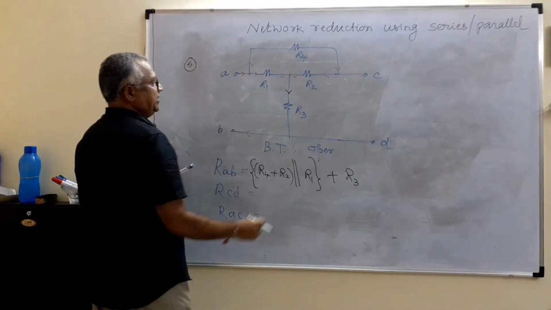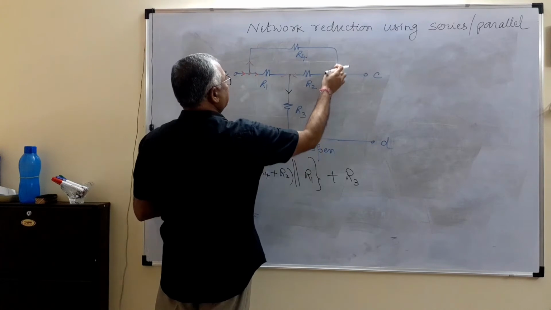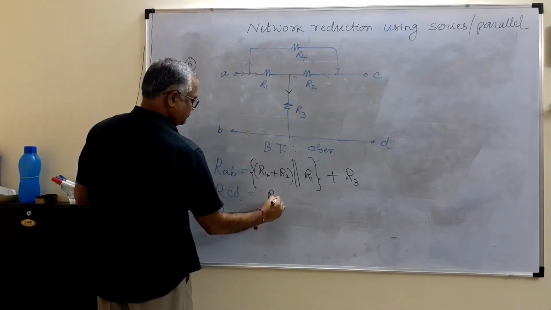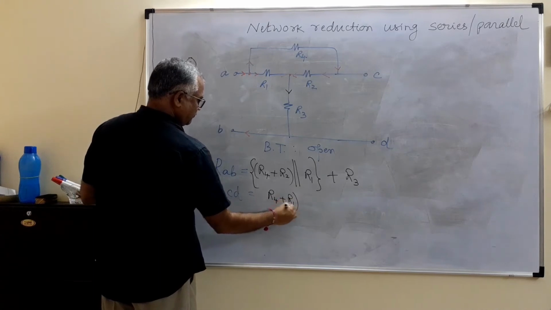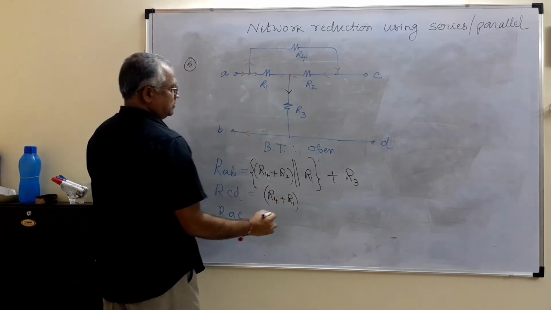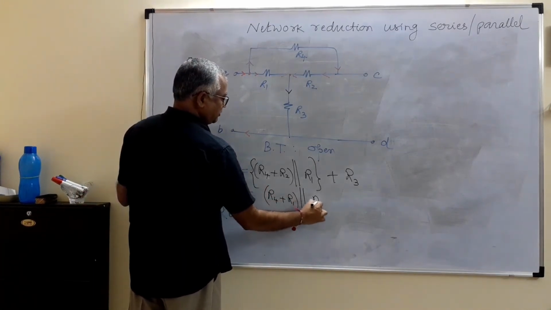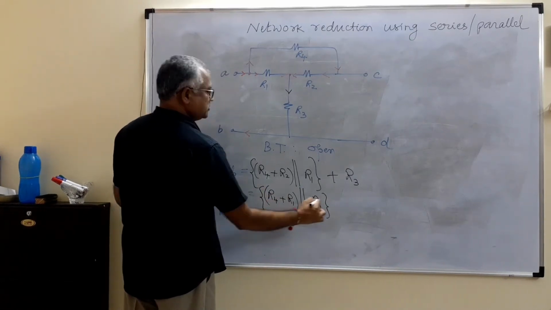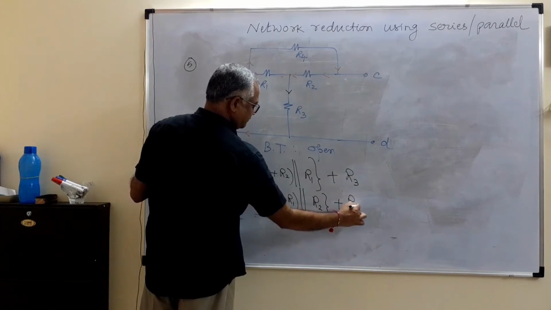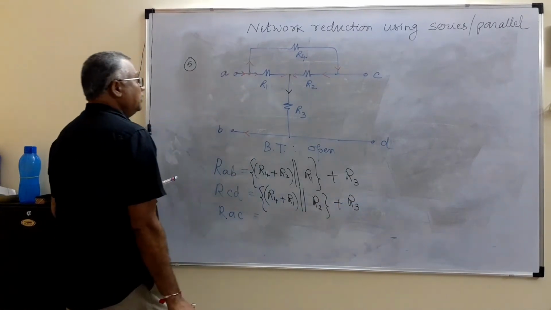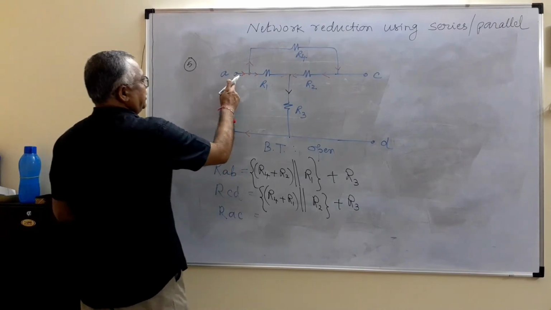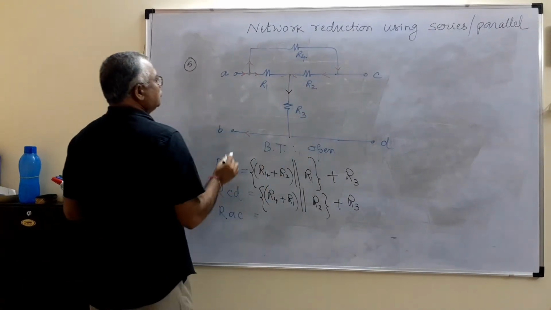Same way RCD. So R4, R1 series, R4, R1 series, parallel with R2. This is series with R3. Like that RAC. A to C, how many ways can you go?